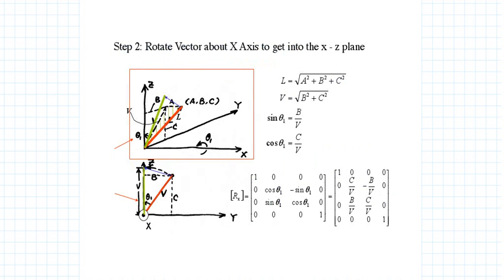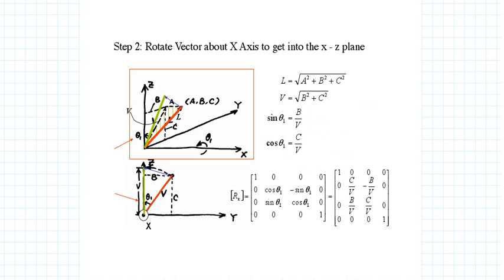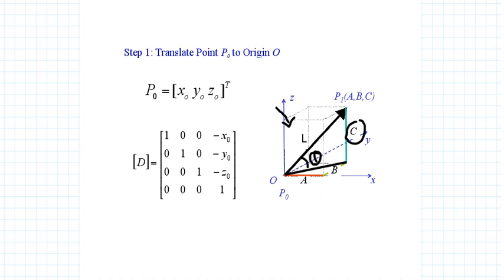So in simple terms, if you try to find sine theta and cos theta, say this angle is theta. After pushing, this line should be somewhere here. Your sine theta will be b over v, and cos theta 1 will be c over v. So if you rotate everything by this rotation angle, you will get your line onto this xy plane.